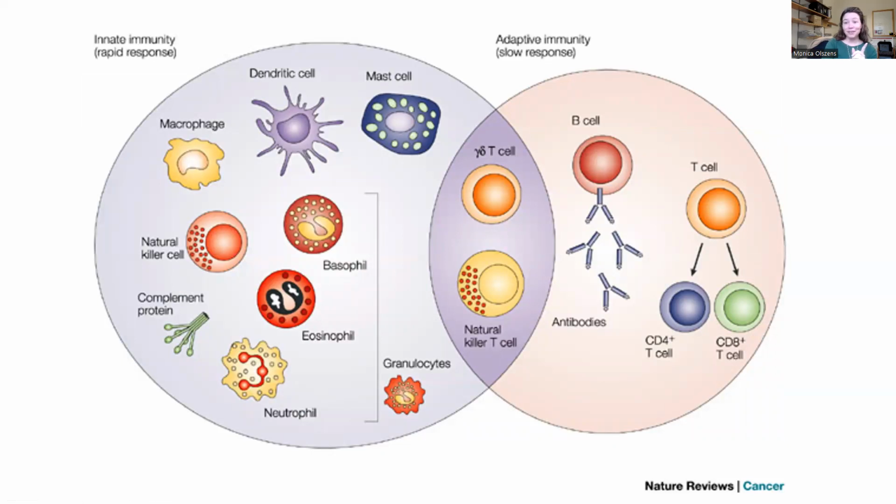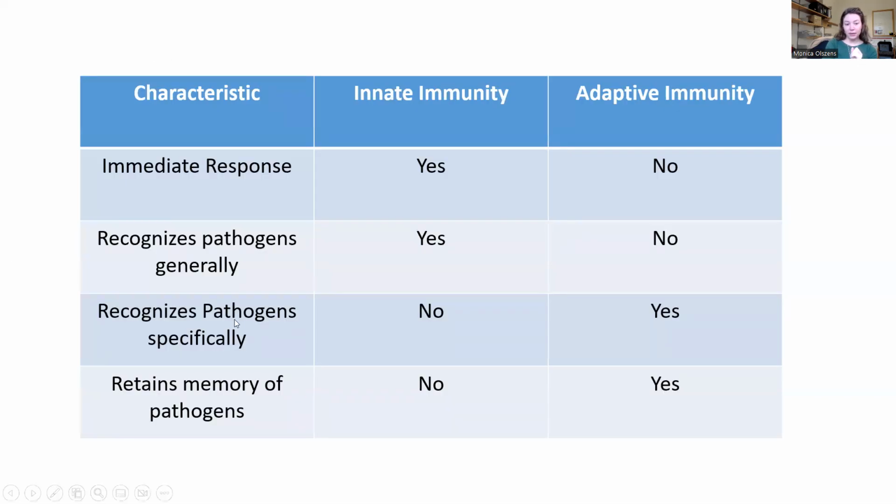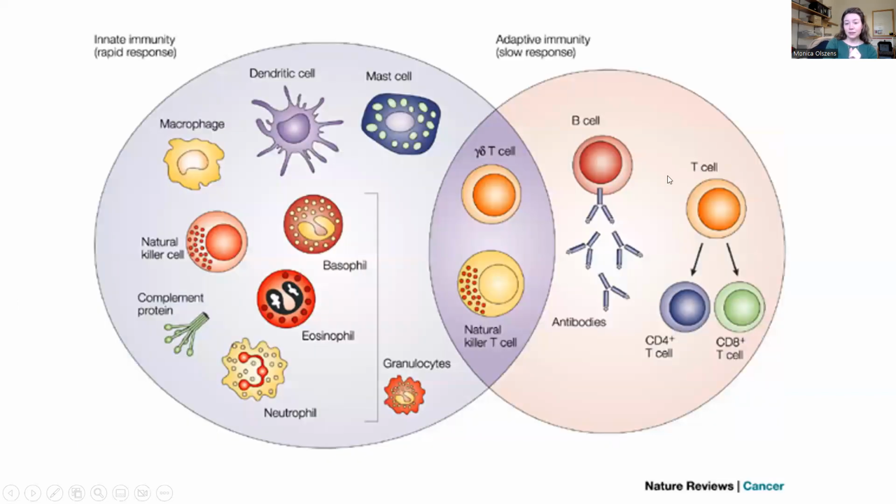It will never remember that it did that, and it can't tell you what bacteria or what virus. Then recognizes pathogens specifically, that's a yes for the adaptive immune system. B cells and T cells here can tell you the tiniest differences between individual viruses and bacteria.